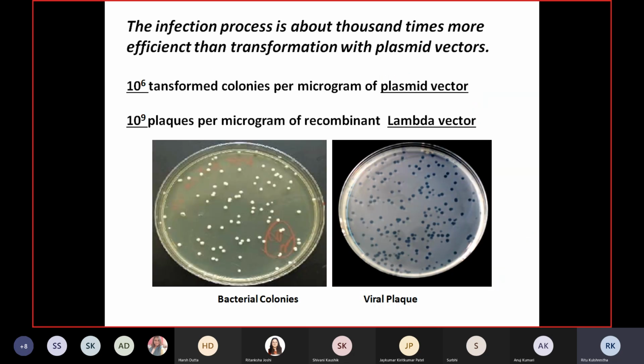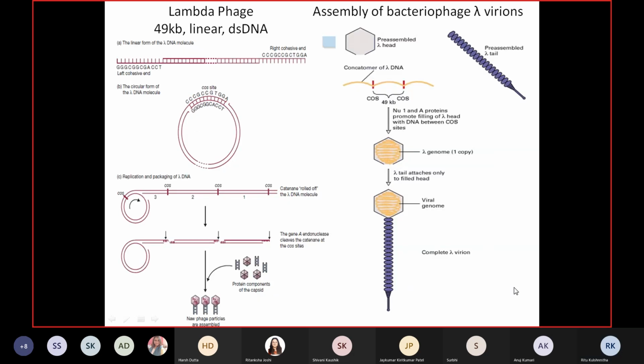And one thing that I want to emphasize is that the infection process is much more efficient as compared to the transformation process, just for your information. Now coming to the details about the lambda phage DNA. It is double stranded and it is 49 kb in length.